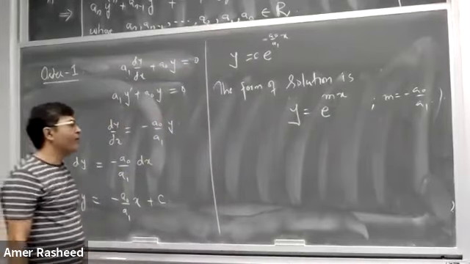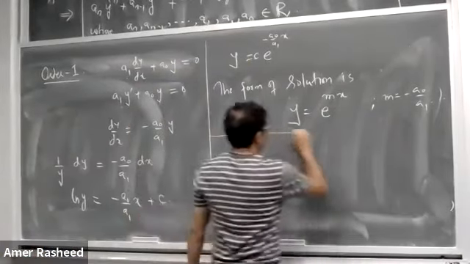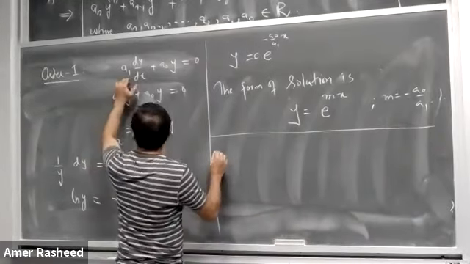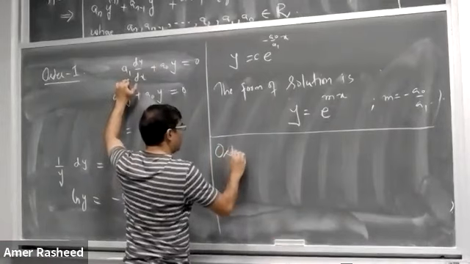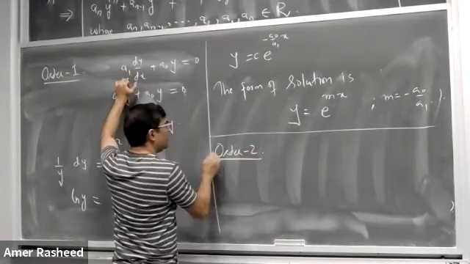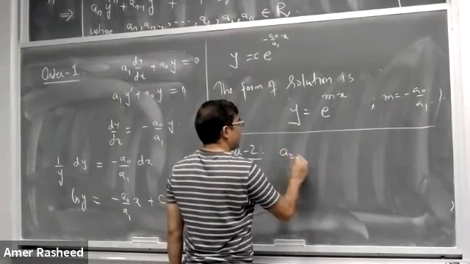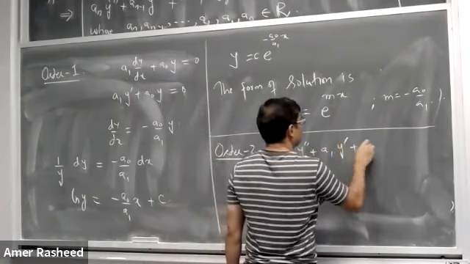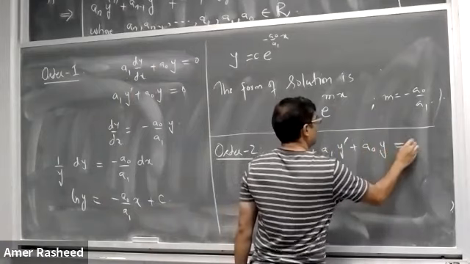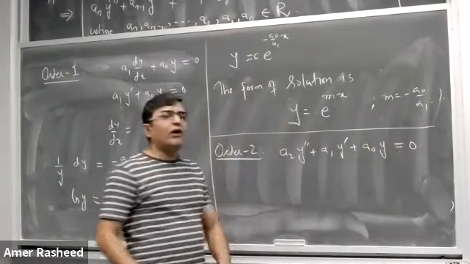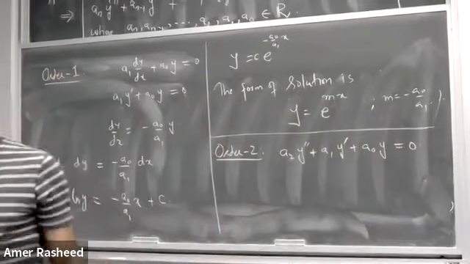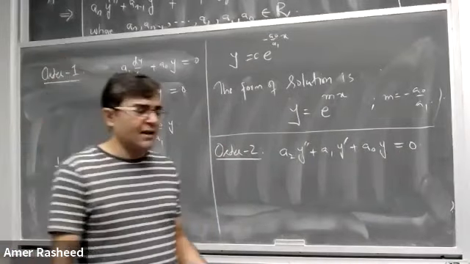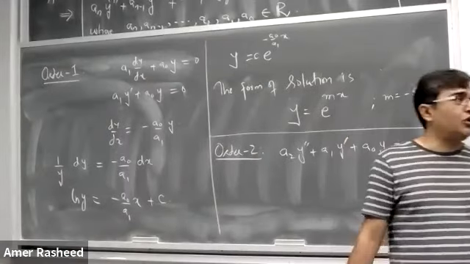Now, in case of order 2, the equation is a_2 y'' plus a_1 y' plus a_0 y equal to 0. We don't have any method for solving this equation yet. We haven't discussed how to solve second order differential equations.